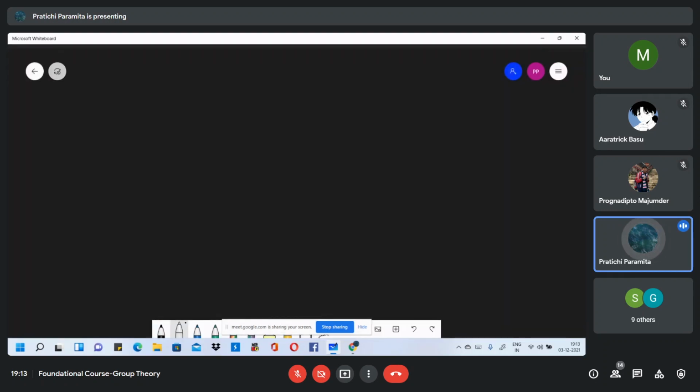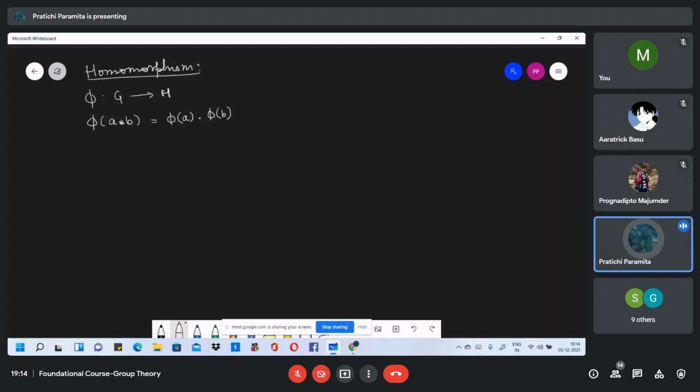First, let me talk about homomorphism. I think in the first session this was introduced. A homomorphism phi from a group G to a group H says that phi of a star b is phi of a dot phi of b. It should satisfy this condition.